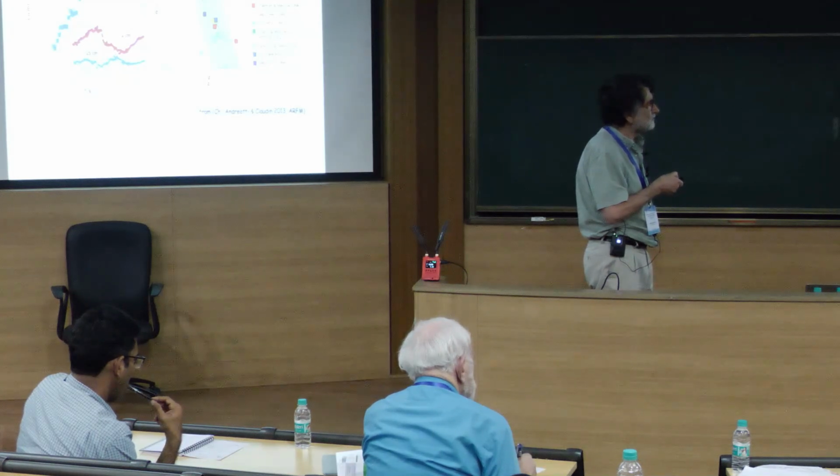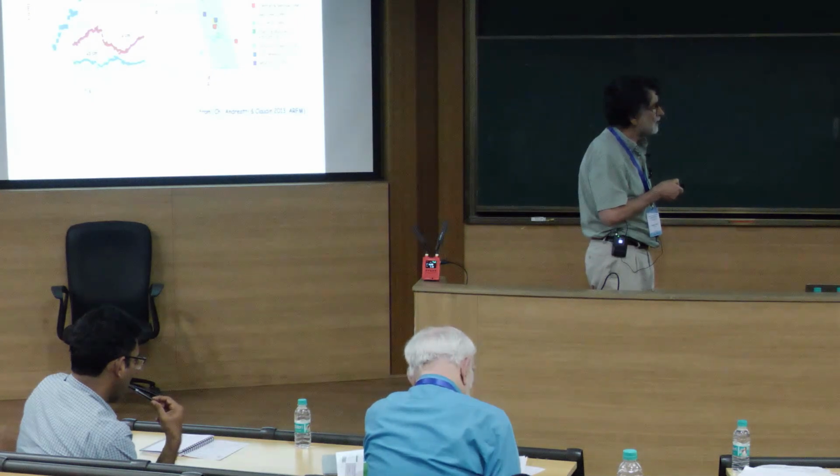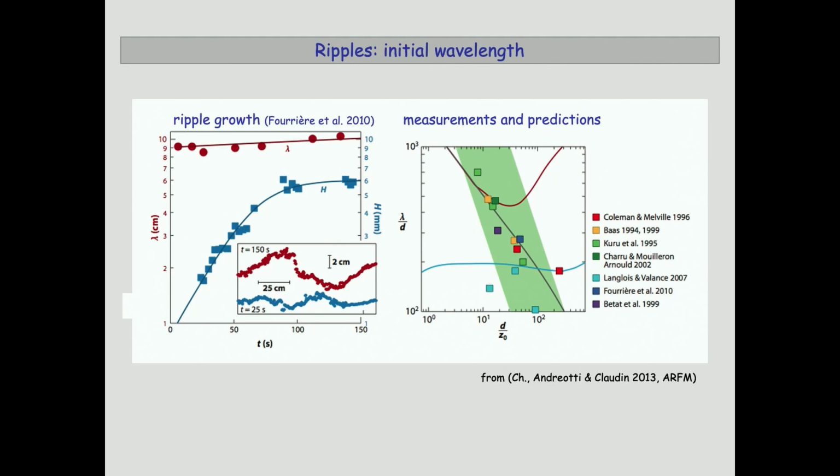The black line corresponds to the model of Andreotti plus the saturation phenomena of the particle flux. So we can consider that we have a good description of these ripples.